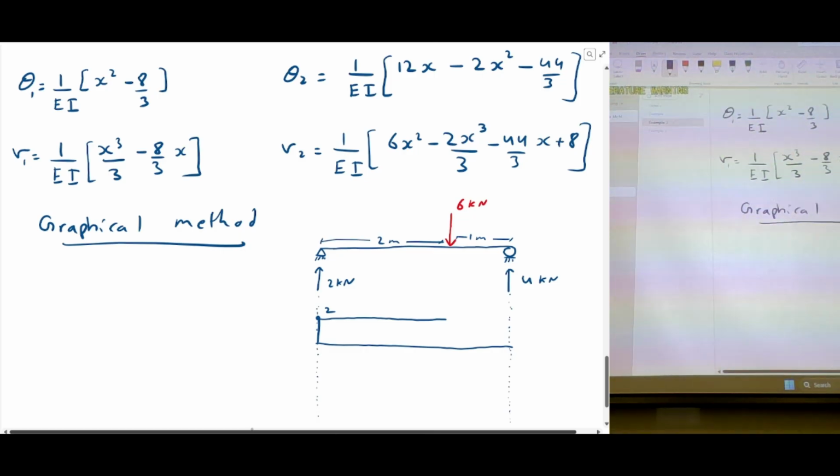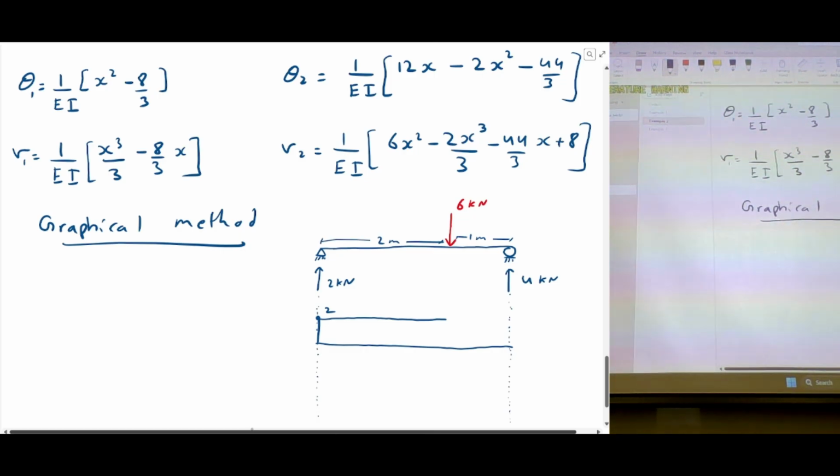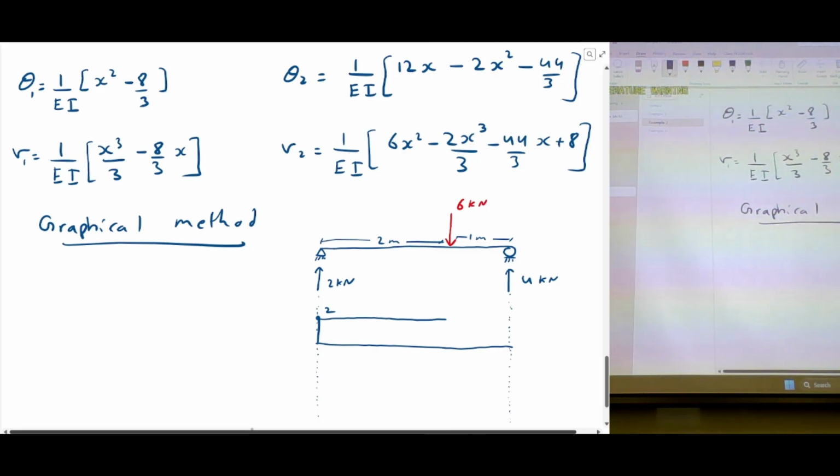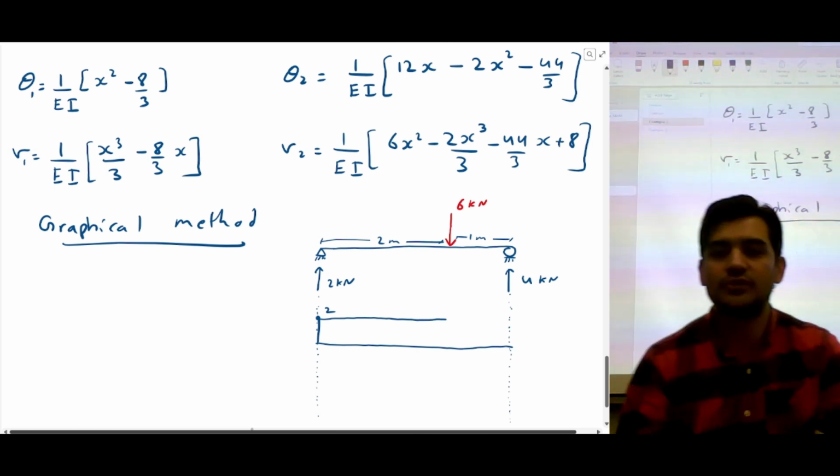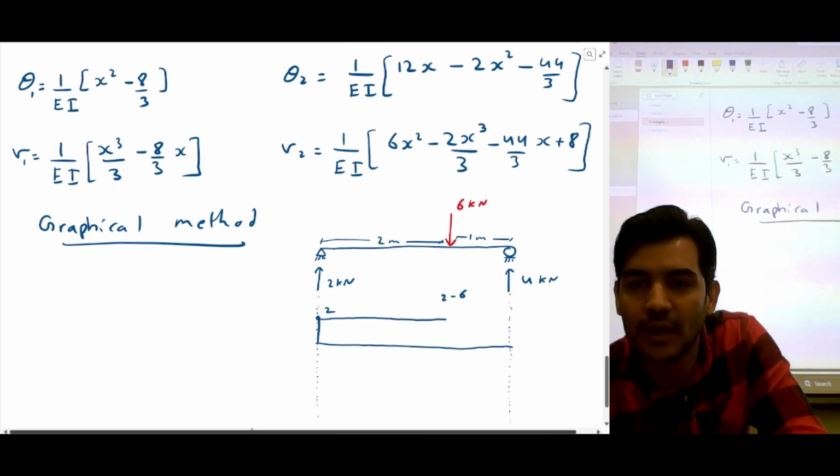Now there is a shear force which is pushing down. So I have to subtract this with this. So this was 2 upward. So I have 2 kilonewton upward, and then you have 6 down. So I'm going to go down 6. So 2 here, it's 2 minus 6, which is minus 4.